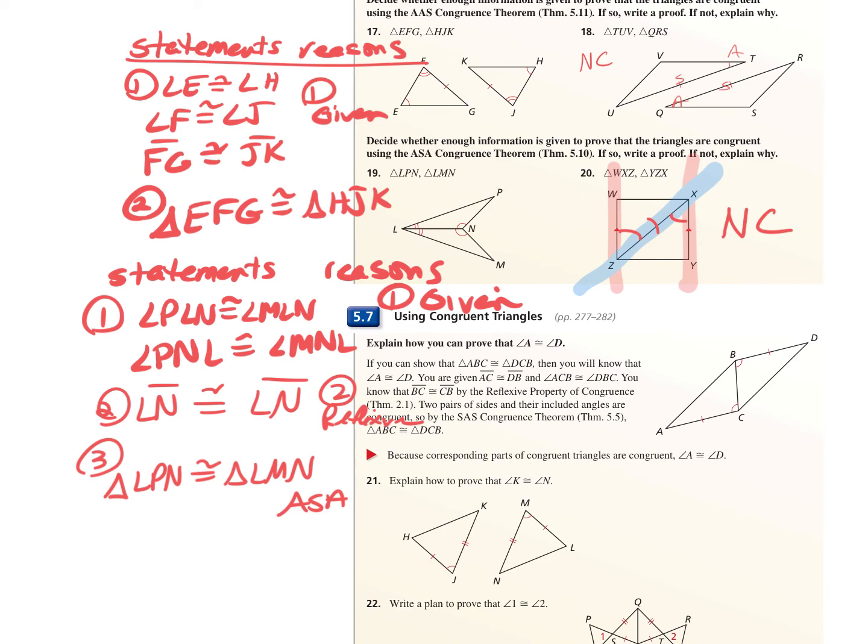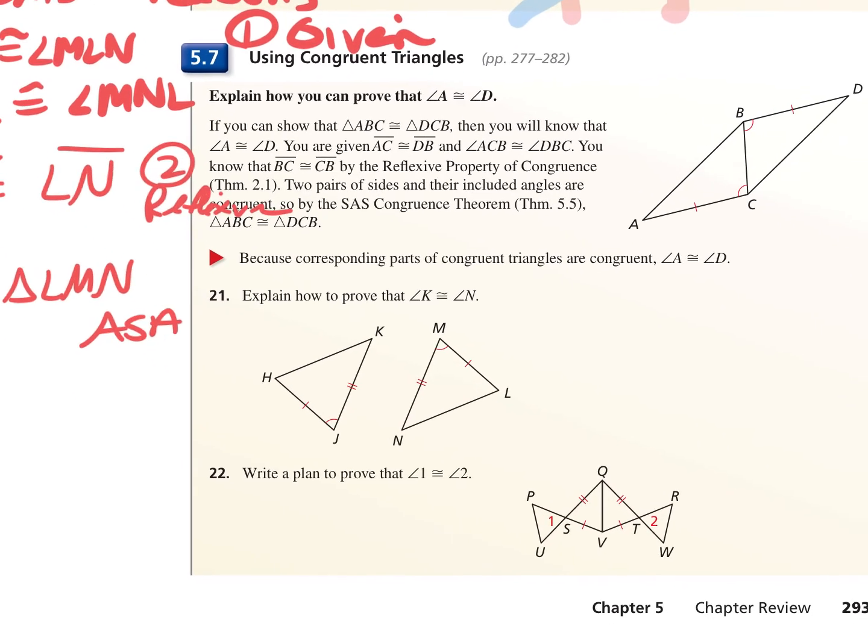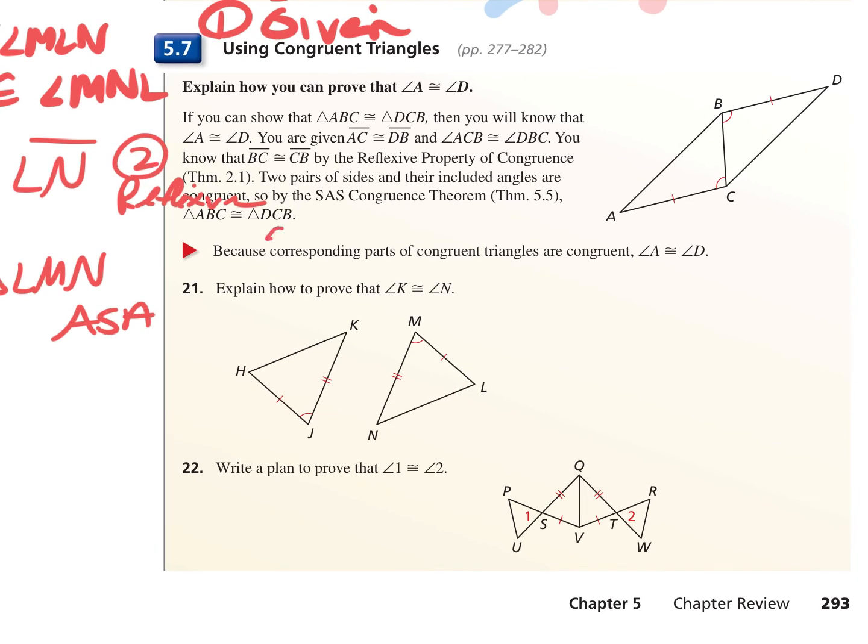And then the last lesson was using this new acronym. And again, here is the statement, corresponding parts of congruent triangles are congruent. So this is the C, the P, the C, the T, and the C. So this reason is CPCTC.